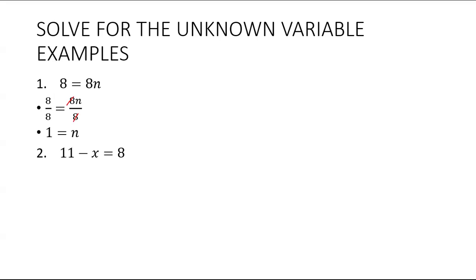Great. Now, number 2. I'll show you 2 methods on how to solve for number 2. The first method, you will notice that in number 2, the variable is negative. And we can't work with a negative variable. To change that variable to positive, you can just transpose it to the right-hand side. So that negative x will become positive. So you'll end up having on the right-hand side 8 plus x.